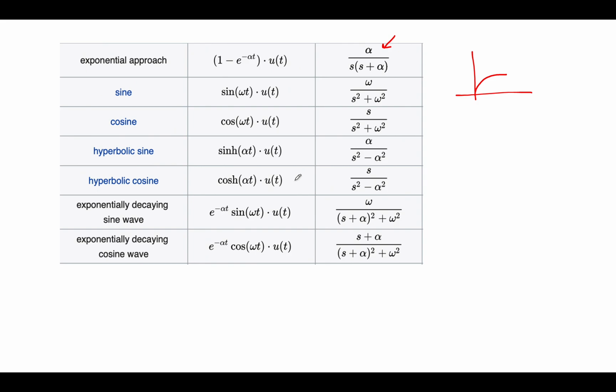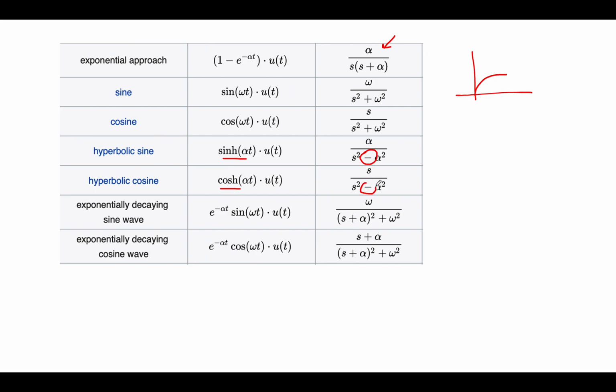You notice that the hyperbolic sine and cosine are the only time you have this negative sign in the denominator. And given that these are functions that are pretty much unbounded, they're typically not functions that we see as functions of time in EE. So you just won't see that often.